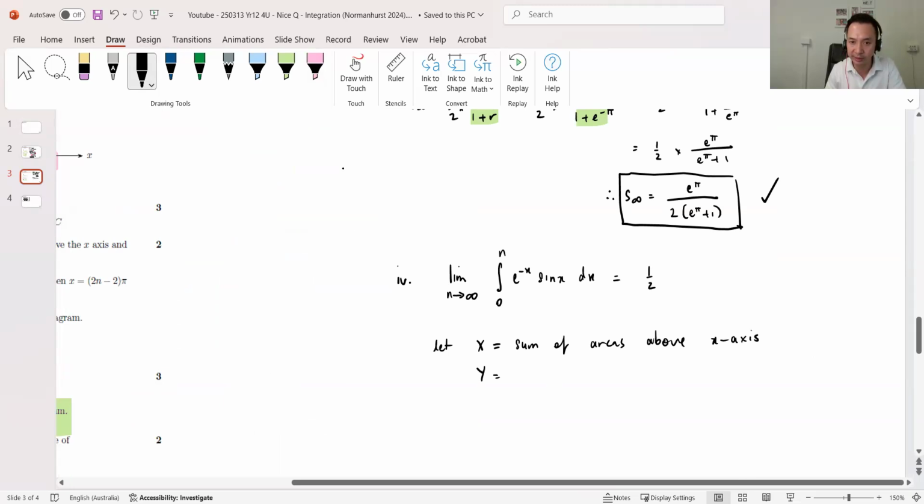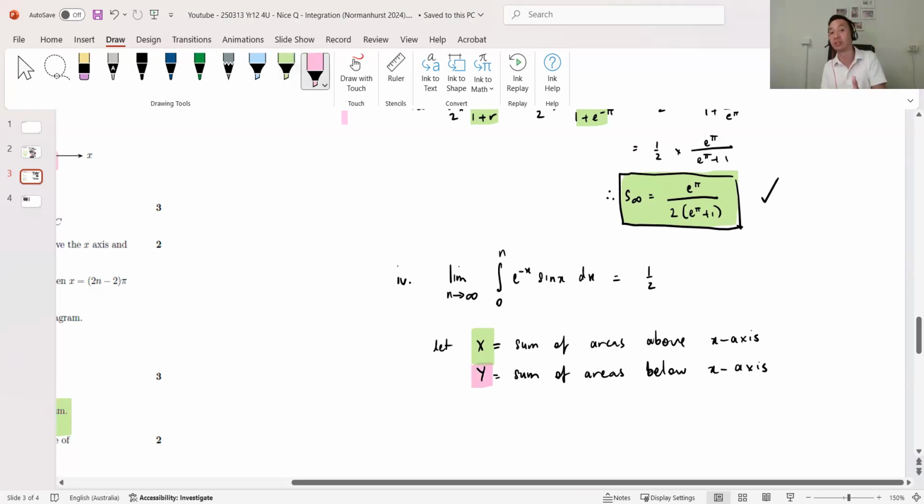Let y equal the sum of areas below the x-axis. So I know that the sum of x is what I found, that's upstairs as this guy. So just to be clear, x and y are the positive and negative areas, and together they add to a half.